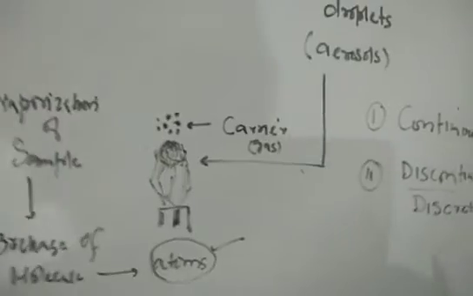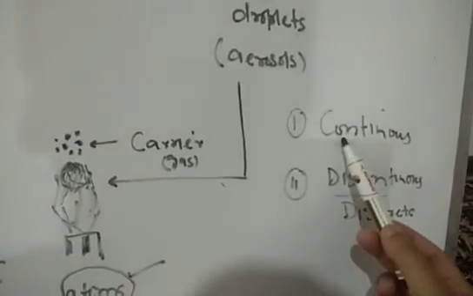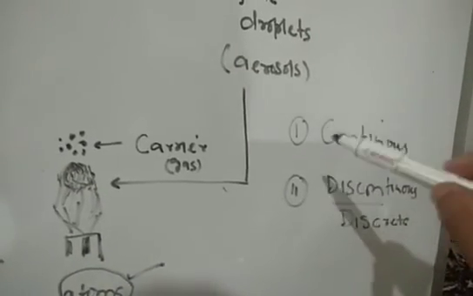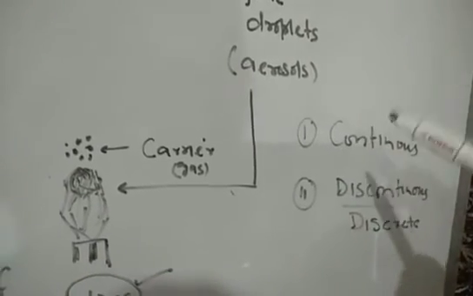तो दो process है. अब इसका difference क्या है? जैसे word बोल रहा है कि it's the first one, it's a continuous. Continuous means यहाँ पे continuously in a steady manner the sample is subjected for atomization.